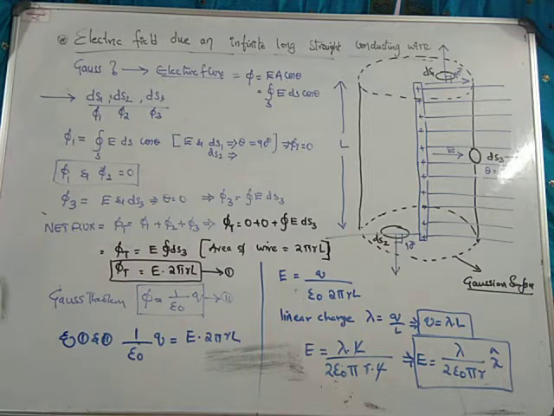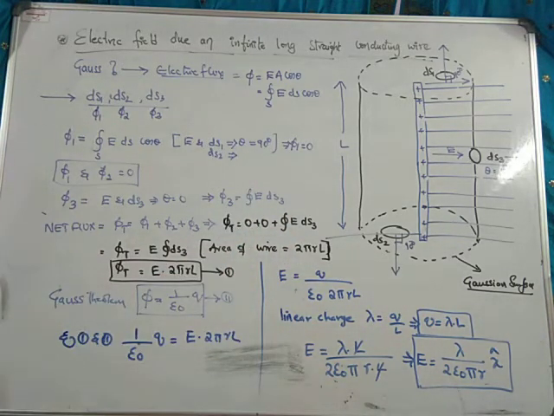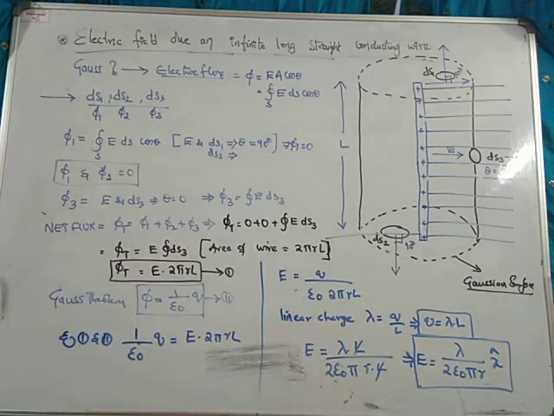Total flux is the summation of all three fluxes. Flux 1 is 0, flux 2 is 0, so we get flux 3. For the linear case, the area of the wire is 2πrL. So we get the total flux as E times 2πrL, equation 1.